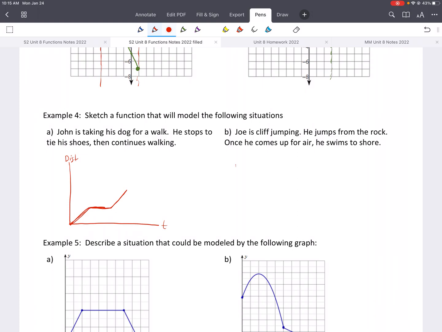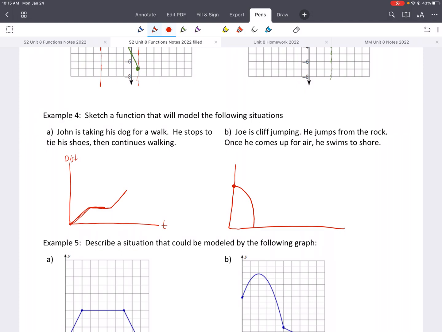All right, give this one a try. So Joe is cliff jumping. He jumps off of a rock, so maybe he starts up here. When things fall through the air, it usually is a quadratic, so it's going to come down something like this.